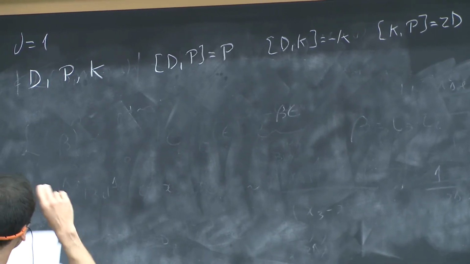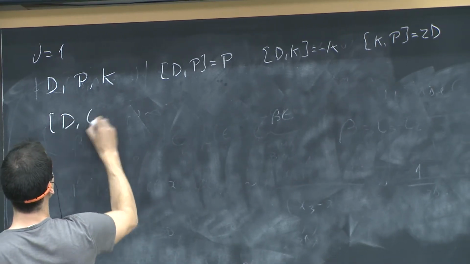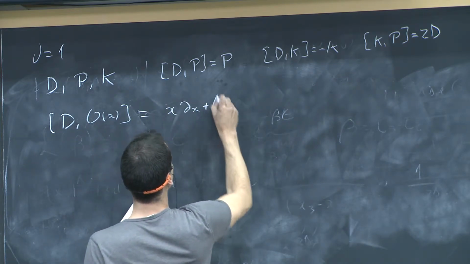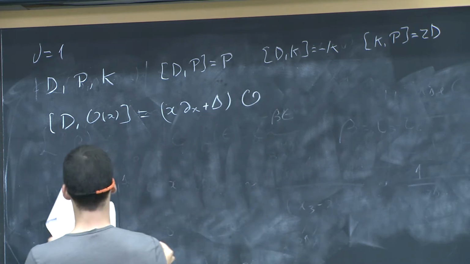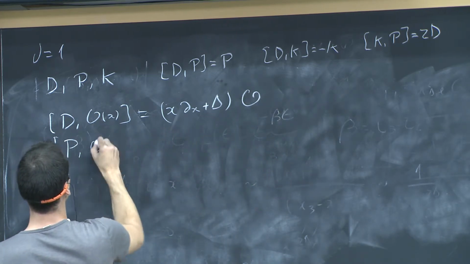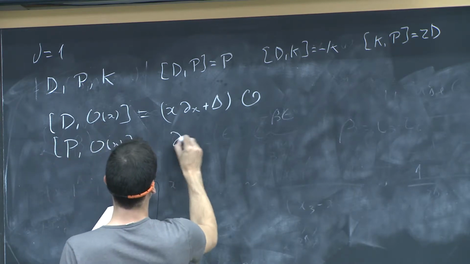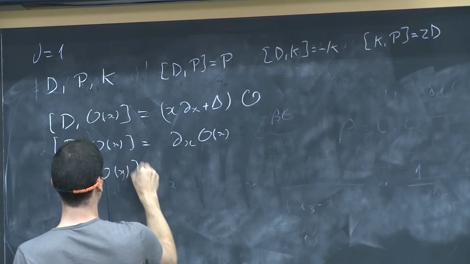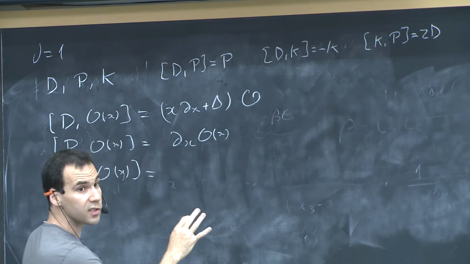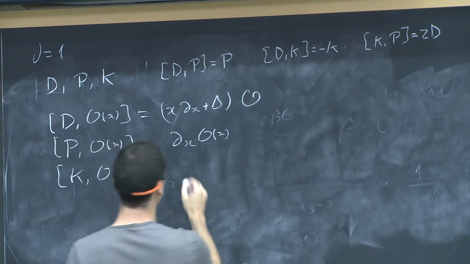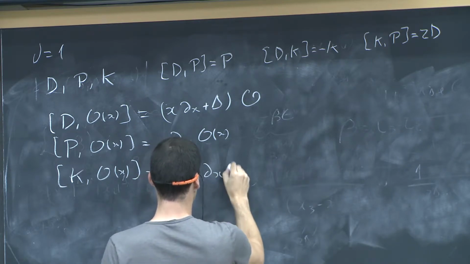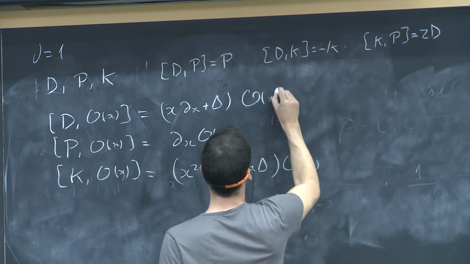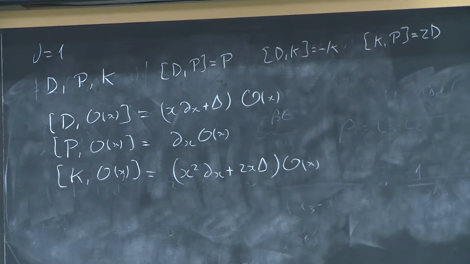This is the algebra in this case, and the action of the generators on operators in my conventions are: [D,O] is x dx plus delta of O, [P,O] is dx Ox, and [K,O] is, again, this should just be a review, because Chris must have written these things down already, but this is just to establish conventions, x squared dx plus 2x delta Ox. So these are my conventions.